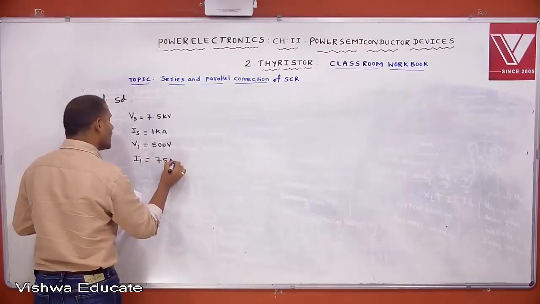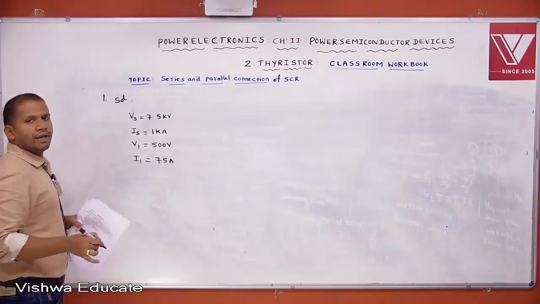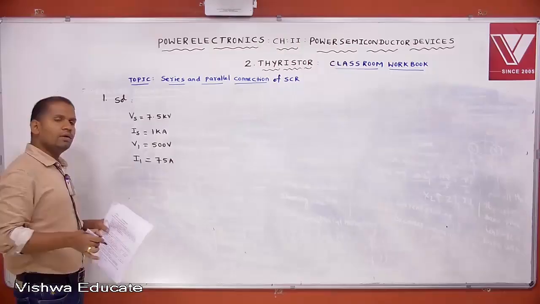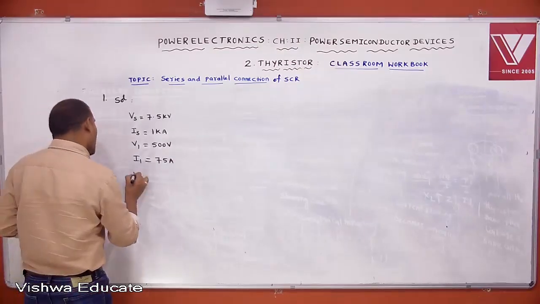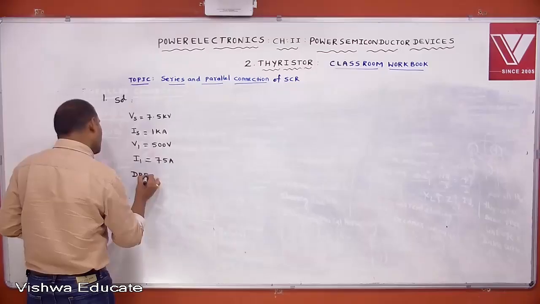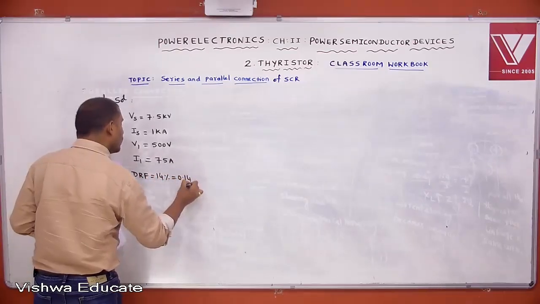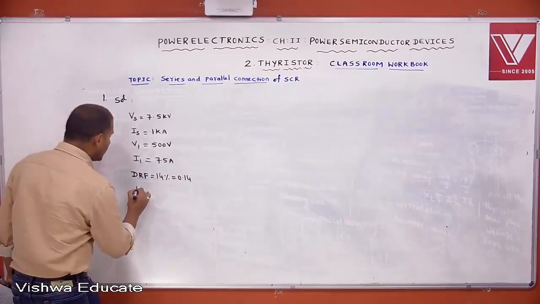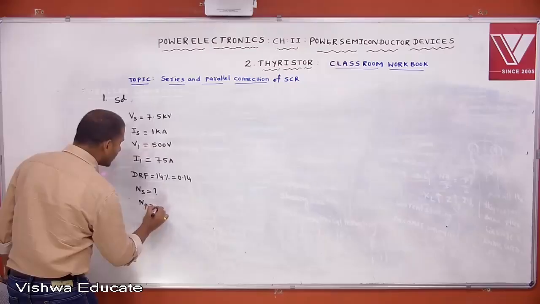Simply remember like this for this type of problem. High voltages and high currents, you take as string voltage and string current. Low voltage and low currents, you take as individual voltage and individual currents. The derating factor DRF is 14%, which is equal to 0.14. Then you calculate the number of series connected SCRs and the number of parallel connected SCRs.